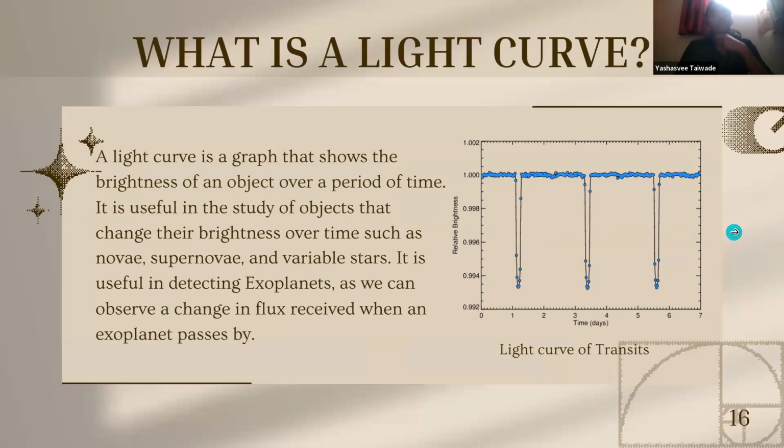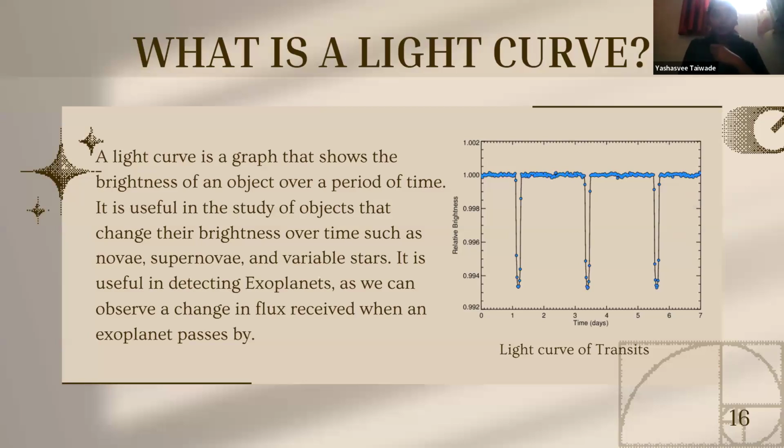So now, what is a light curve? A light curve, as you can see here, is just a graph which shows the brightness of an object over a period of time. It is basically just a brightness versus time graph. It is not just used for exoplanet detection; it has a lot of applications.